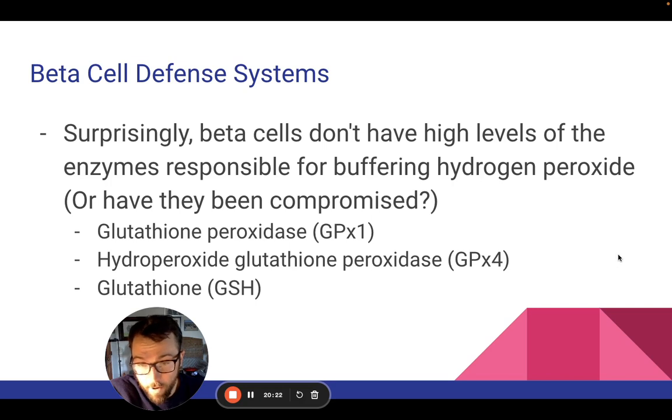Or have they been compromised? Right? So part of the name of the game is twofold. You need to quickly neutralize the hydrogen peroxide to prevent it from degrading into hydroxyl radicals, as well as making sure that there isn't too much free iron available to react with that hydrogen peroxide and devolve into the hydroxyl radical.